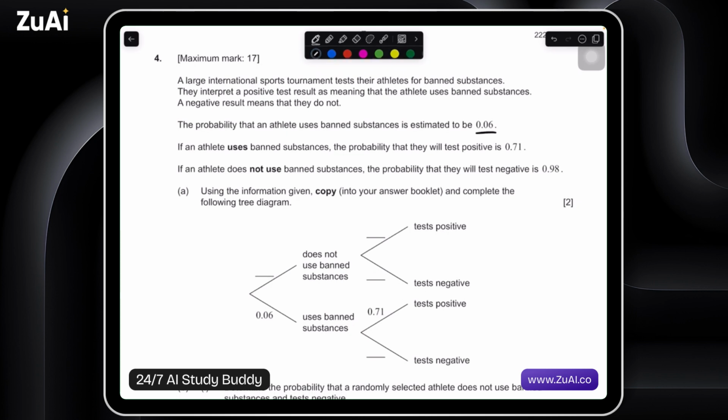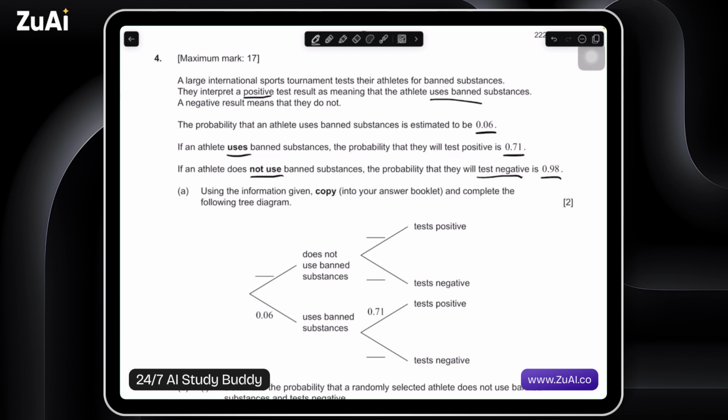If an athlete uses banned substances, the probability that they will test positive is 0.71. If an athlete does not use banned substances, the probability that they will test negative is 0.98. So positive means that the athlete uses banned substances, and negative means that they don't.